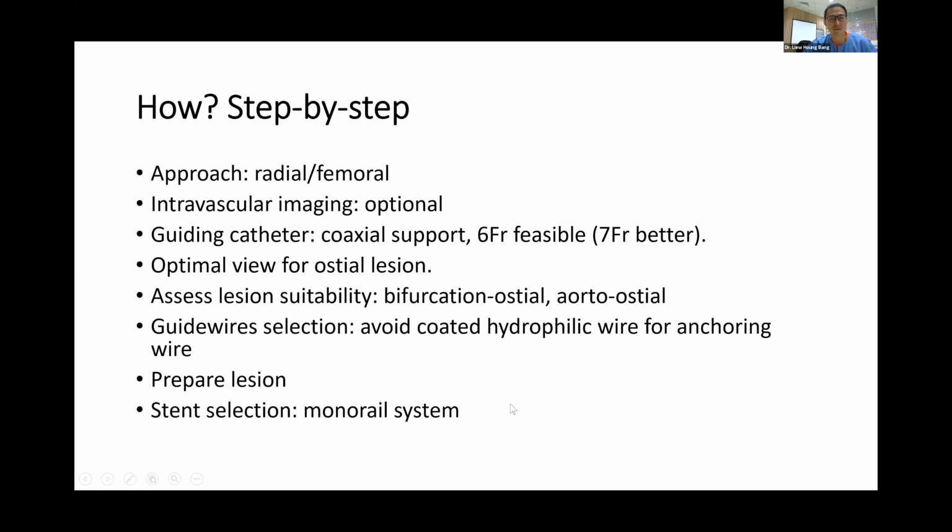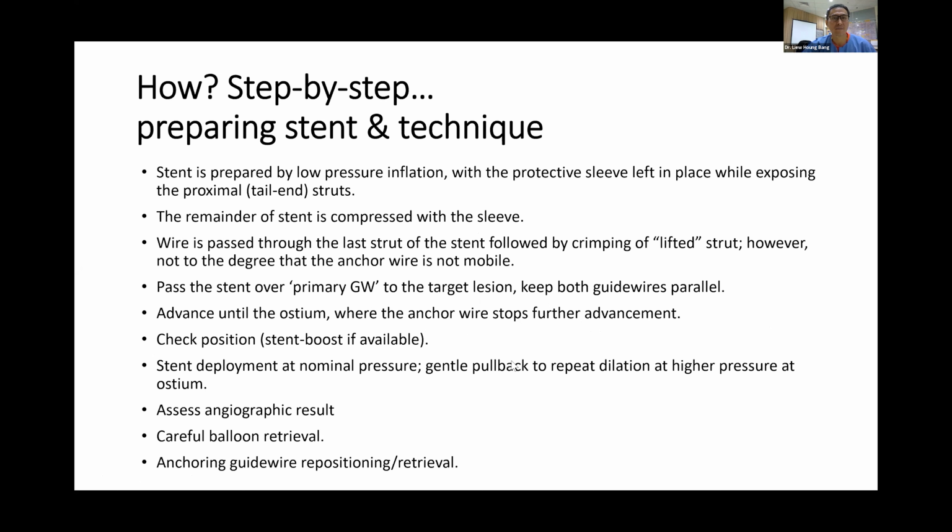And as mentioned, very important in PCI that we prepare the lesion well before we stent. For the stent, the stent system that we use is the monorail system. I don't think we use that many other types of stents, for instance, self-apposing stents these days. Then about the stent: the stent is prepared by inflating at a low pressure.